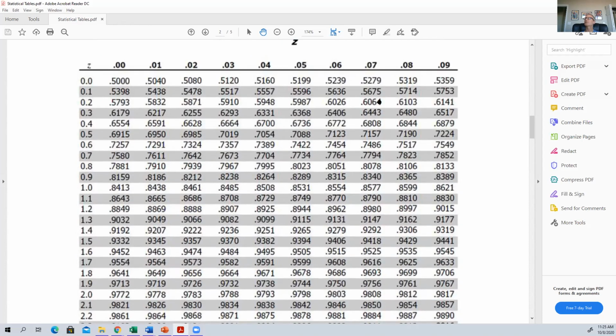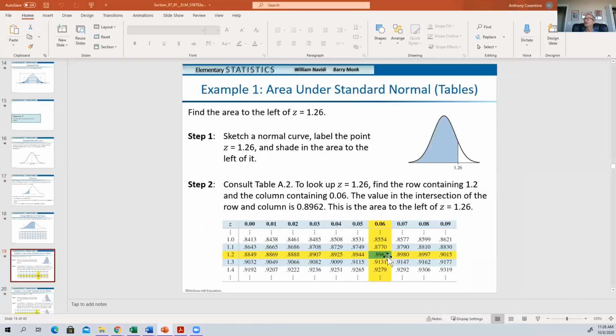And then you go over to 0.06 up here, and you would read that number of 0.8962. And so you would see here, you get that same number that you would get right out of the table that the book has as well.